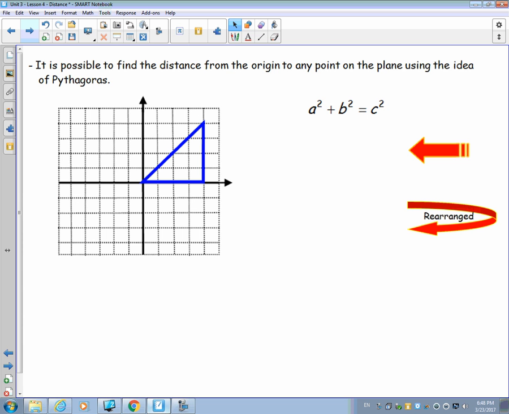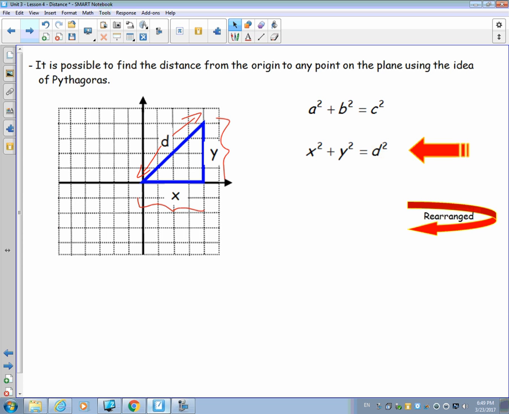Instead of using A, B, and C, I'm going to think of this as there being an x direction, how far along the x-axis I have to go, and a y direction, how far above or below the y-axis I have to go. So I can change the equation to read x squared plus y squared, and instead of calling it c, let's call it the distance, how long this is. So d squared. And I'm really following the same calculations every time: I'm going to square my numbers, add them together, and then square root it.